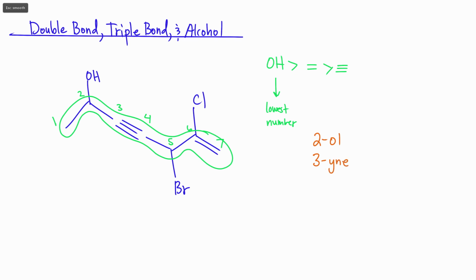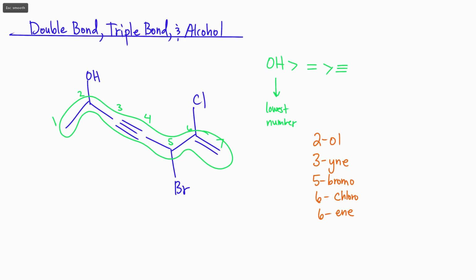On carbon 5, we have a bromo. On carbon 6, we have a chloro. And also on carbon 6, we have an ENE to represent the double bond. Okay, so when I put this all together, we have a 7 carbon chain.